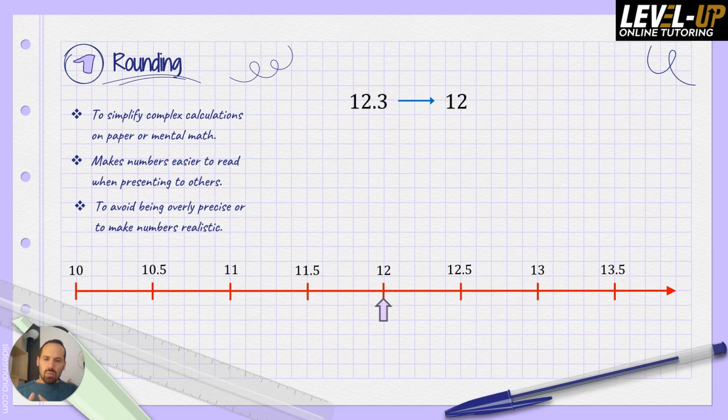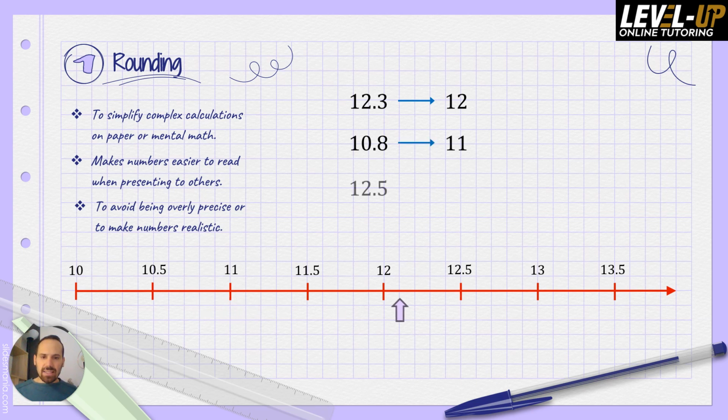And so that's what we're doing when we're rounding to some specific type of value, like in this case, the nearest whole number. We basically want to move to the closest whole number. Another example would be something like 10.8 here. You can see the whole numbers are 10 or 11. What is the closest one? That one's 11.